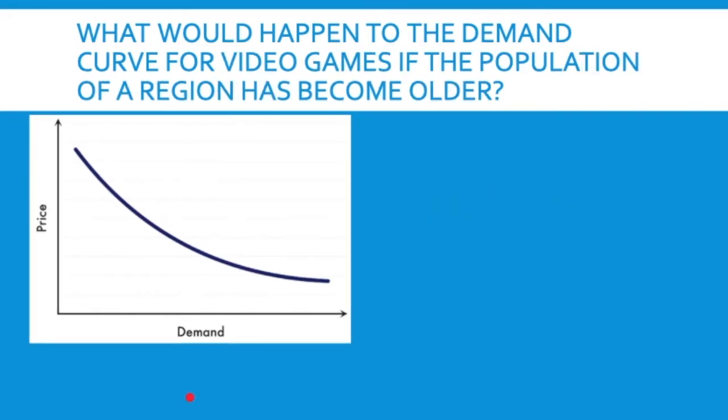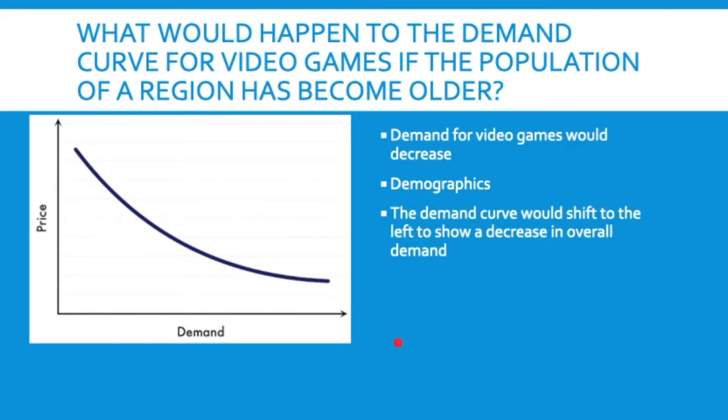What would happen to the demand curve for video games? Well, I guess I already talked about this one, if the population got older. I'm not sure if I use video games as an example for the population though. At all these different price points, how many video games would be bought? If all of a sudden the population were to become older, then we'd have a demographic change. Demand for video games would decrease, generally speaking, because older people don't play video games as much as younger people.